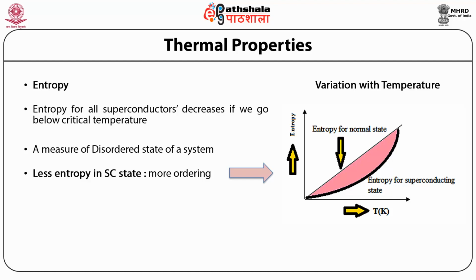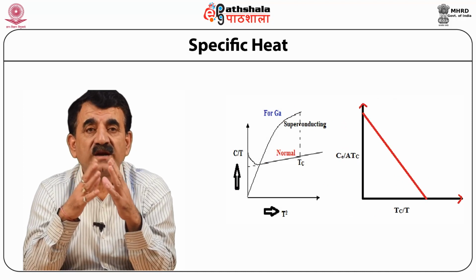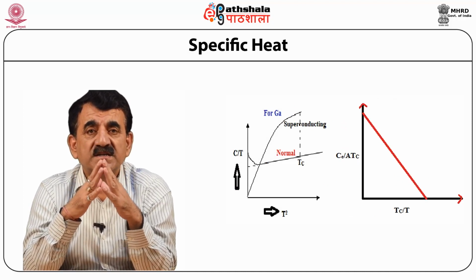If we decrease the temperature, entropy also decreases sharply and approaches a minimum at low temperature. So there is a clear-cut distinction between normal conductor and superconductor on the basis of entropy. Now let us talk about specific heat.